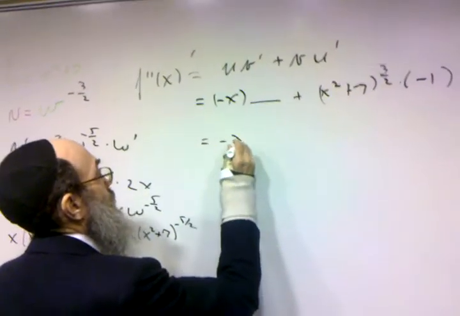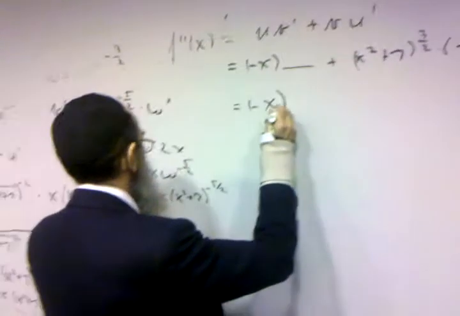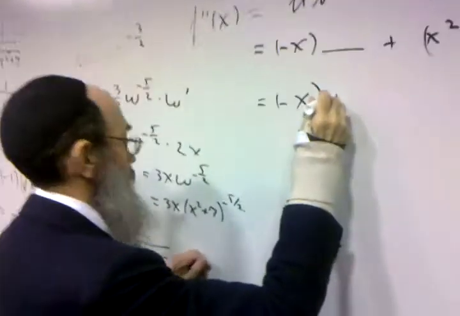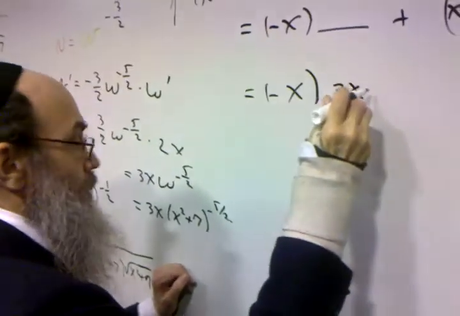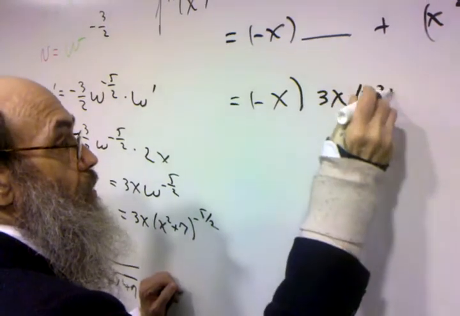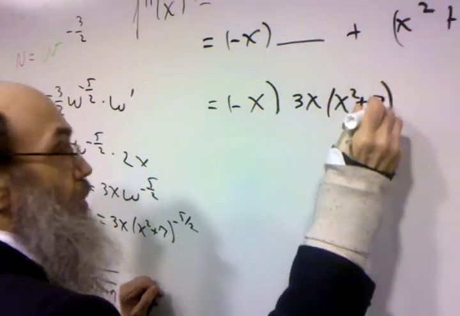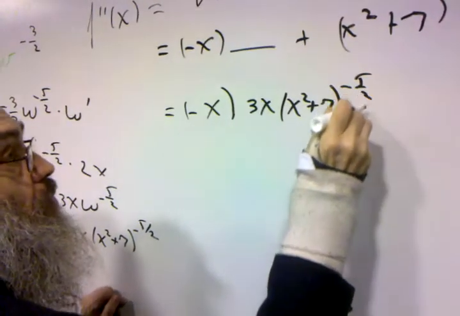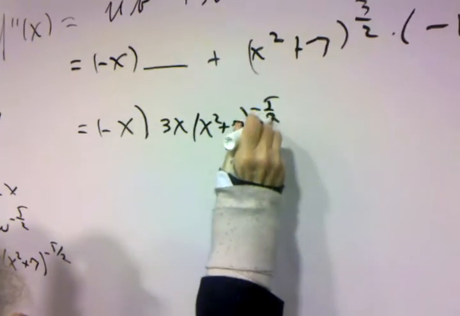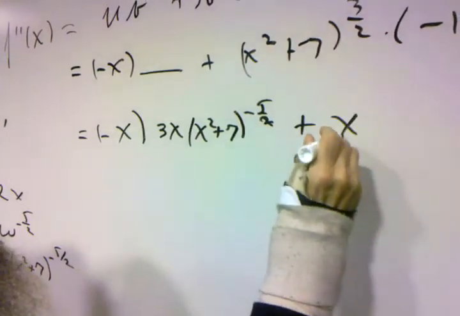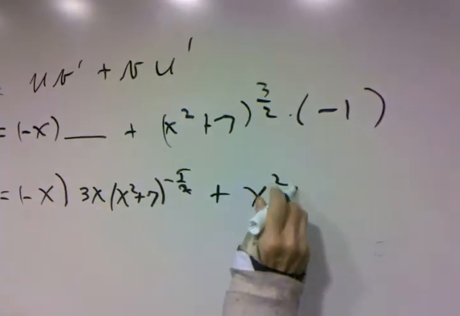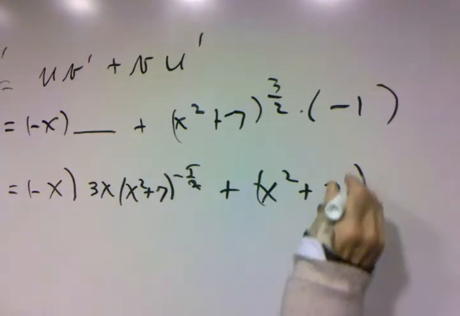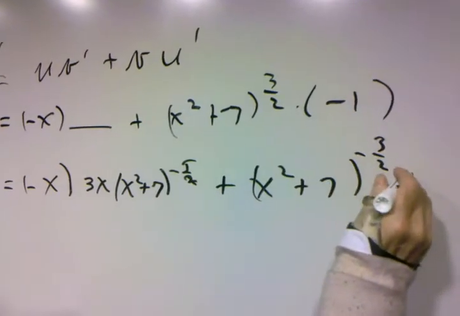We got minus x times 3x times x squared plus 7 to the minus 5 halves, minus, plus x squared plus 7 to the minus 3 halves times minus 1.